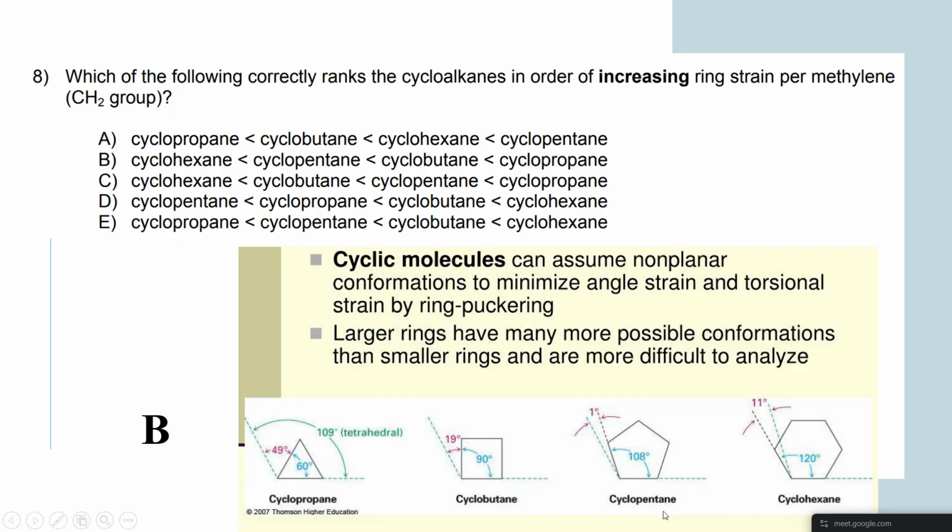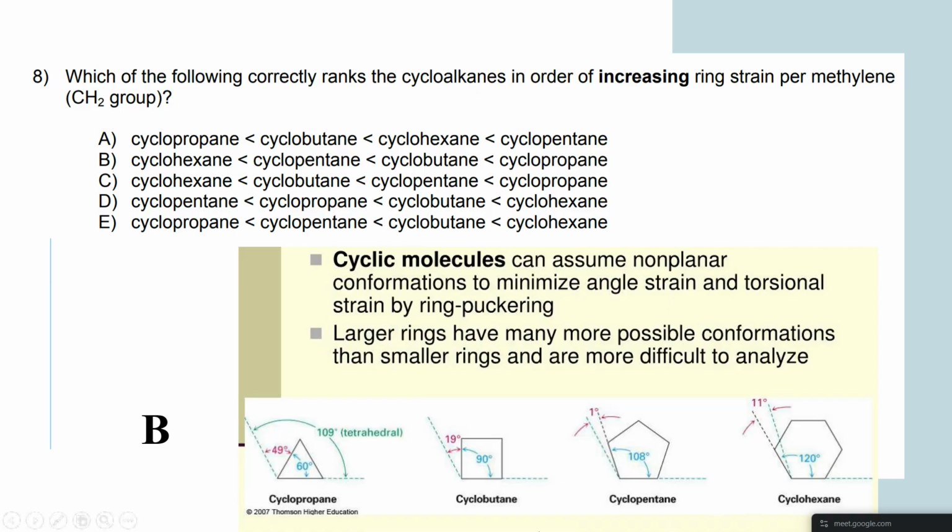Further, cyclohexane will have a ring angle of 120 degrees, which is closer to the planar angle of 180 degrees. This is why cyclohexane will have even less ring strain in comparison to cyclopropane, cyclobutane and cyclopentane.